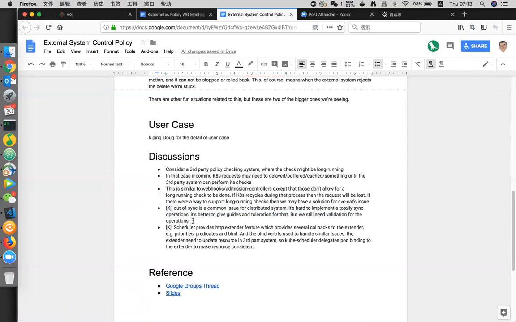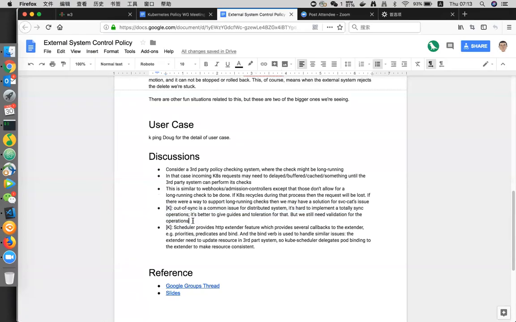There are some callbacks we use over HTTP, such as prioritize and predicates. This is the default action or operation of the scheduler, and this is for the scheduling part.